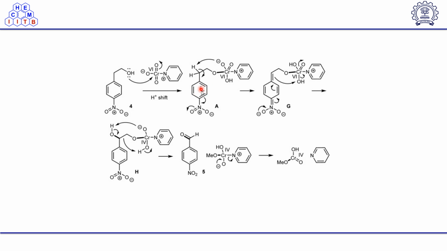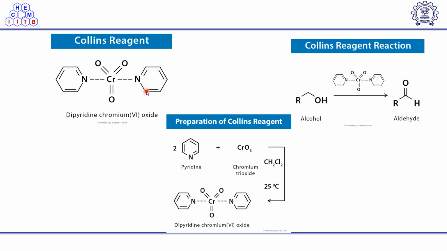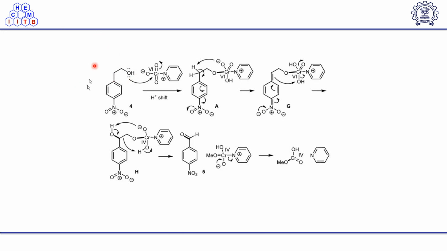Then, since it is under resonance condition with this nitro group, it will form this stabilized structure, and again one other hydrogen will be taken by this oxygen to give this intermediate, and then this bond will be shifted to here, and this bond will be shifted to here to get this aldehyde and pyridine and the chromyl alcohol as the byproducts. So in this way, this Collins reagent is used for the conversion of alcohol into the corresponding aldehydes.